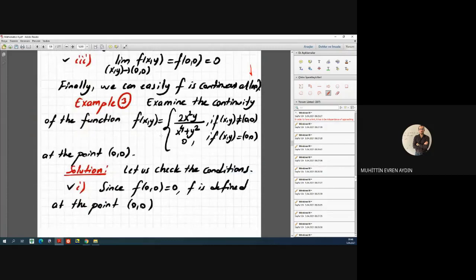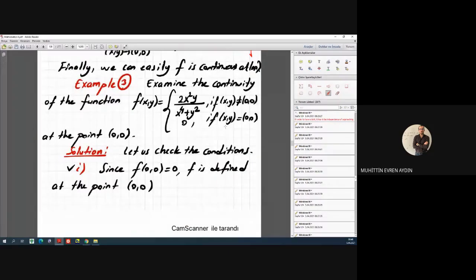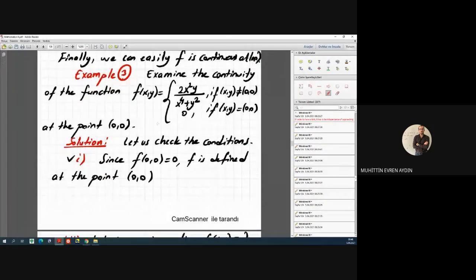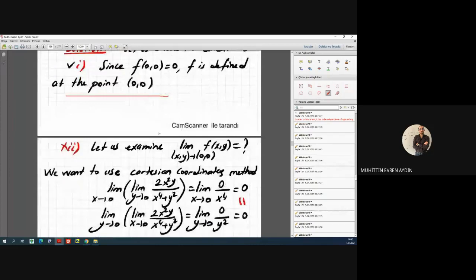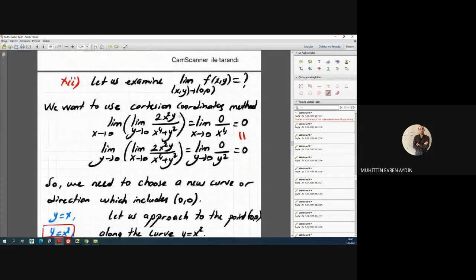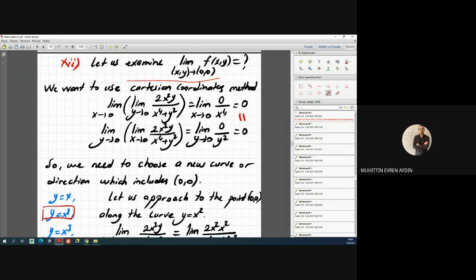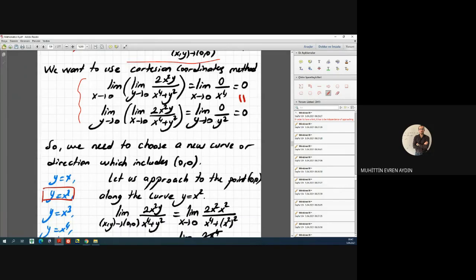Another example. Okay, the function is defined at the origin. The first item is good. For the second one, we may observe the limit by using Cartesian coordinates. The first two approaches, which you can check by yourself, give 0.